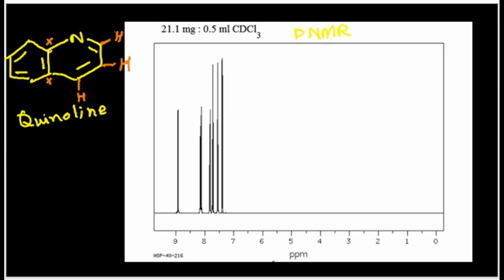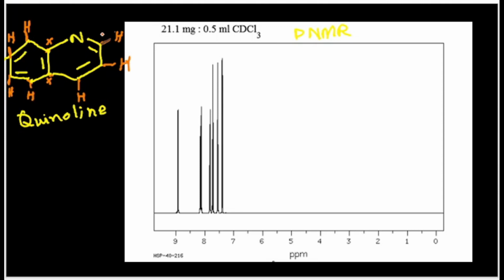Here the carbon has a total of 4 valencies, fully satisfied with 4 other carbon atoms, and the same here. Then one proton is attached here, similarly one here, one here, and one here.